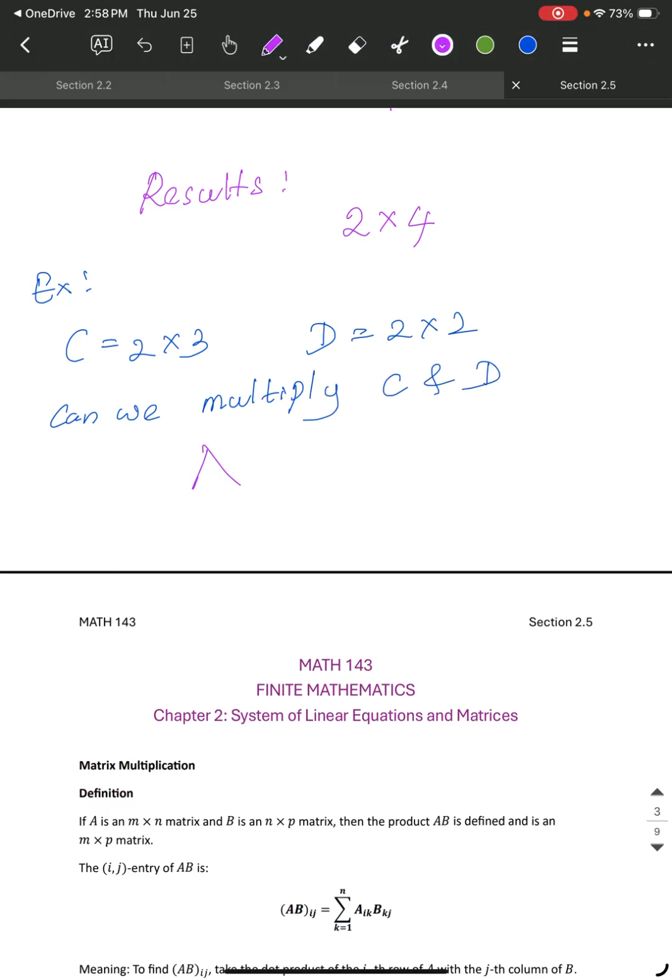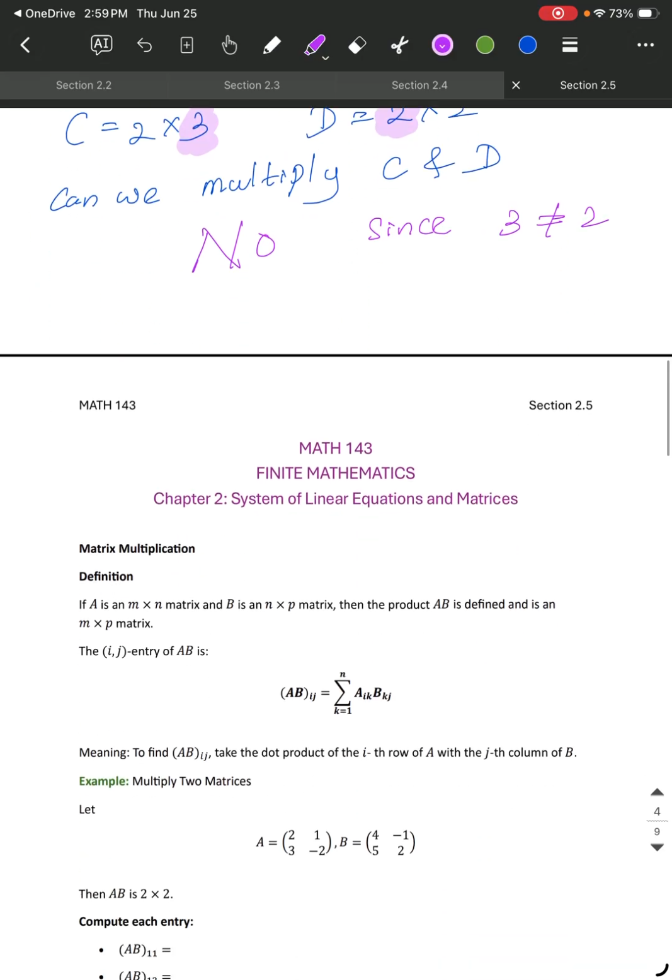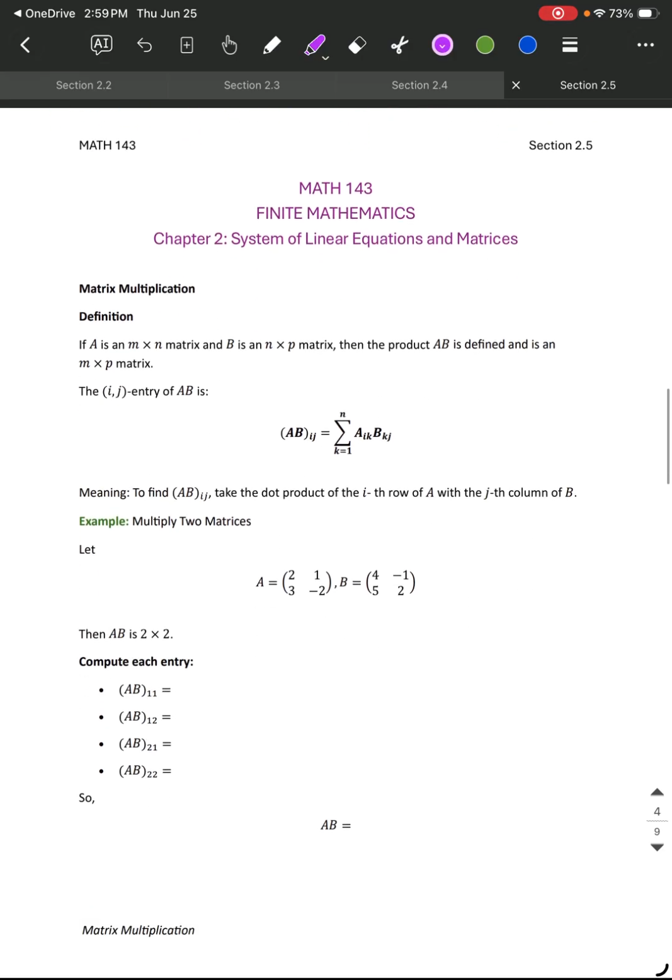The answer is no, since 3 does not equal 2. The inner values are not equal. So we can't multiply those two matrices.